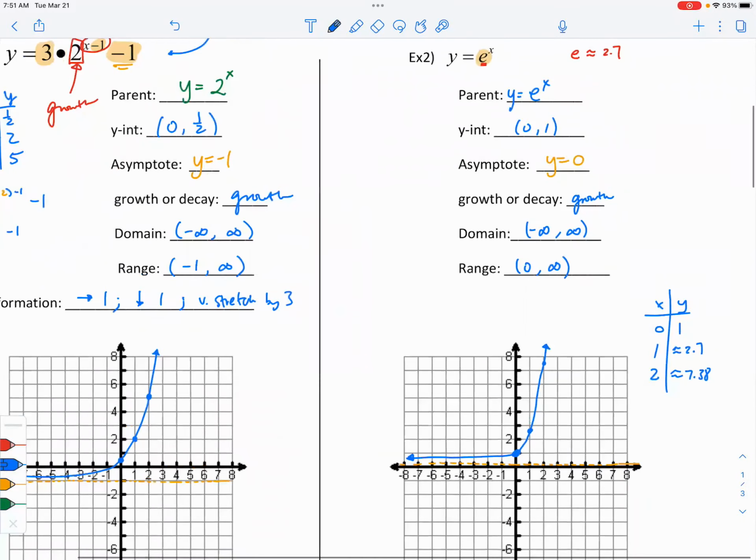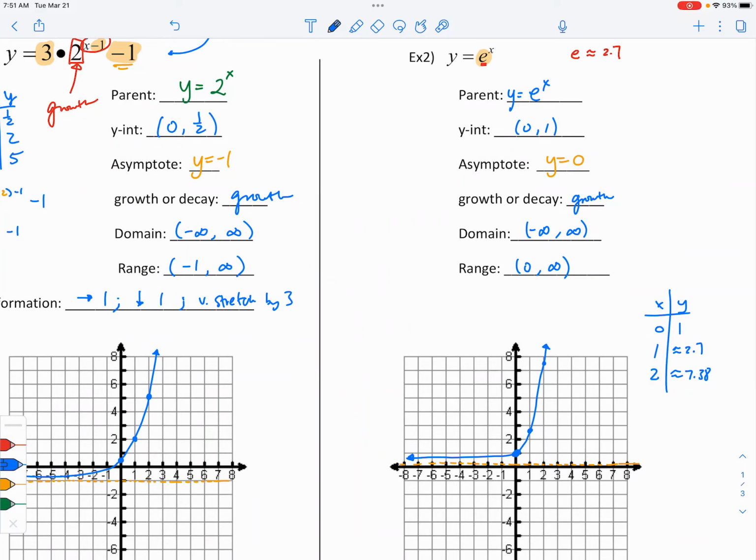All right, for the next 2 days, we will do a couple graphs as a review, but as of now, you should have a couple abilities for graphing. You should know how to determine the asymptote. If there's no transformation, it's always going to be y equals 0 because all the values must be greater than 0.